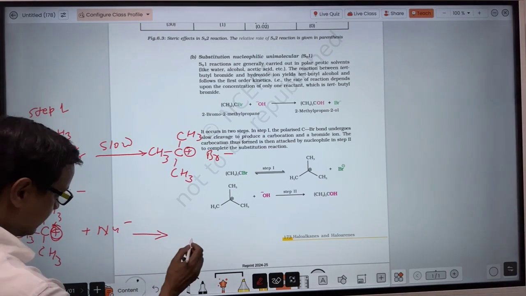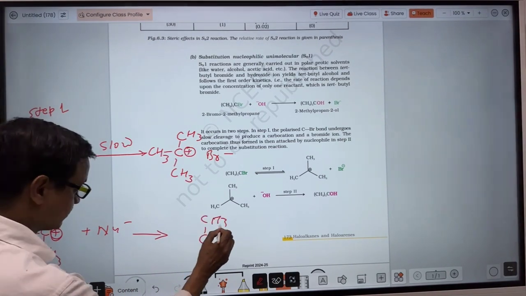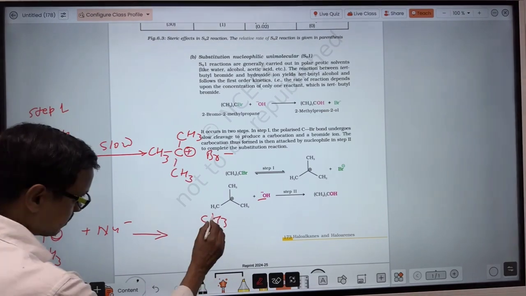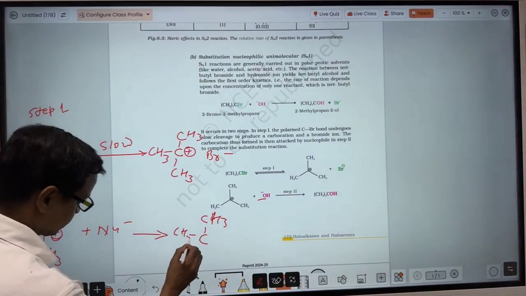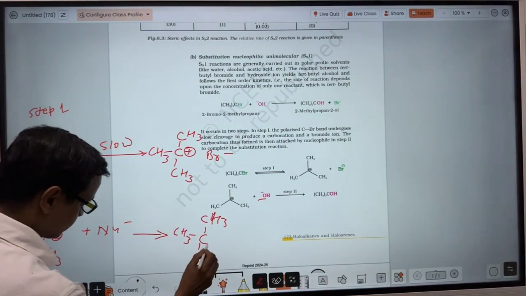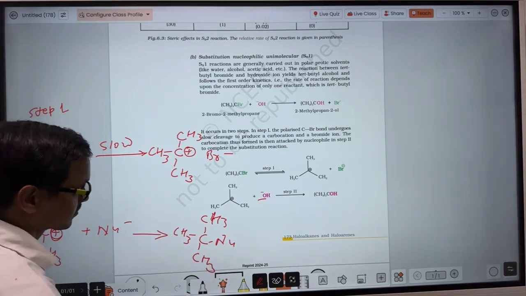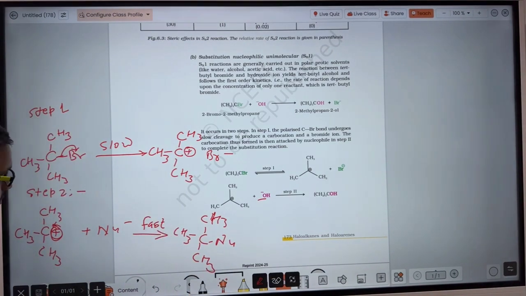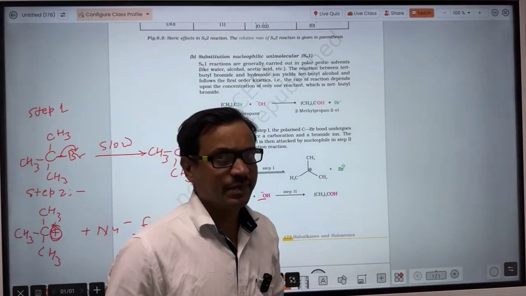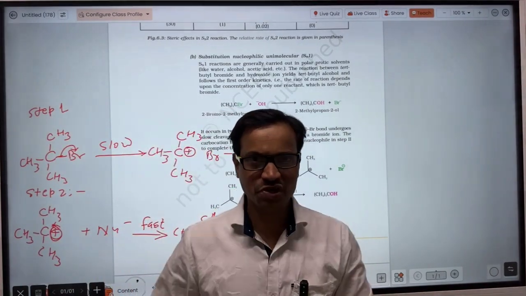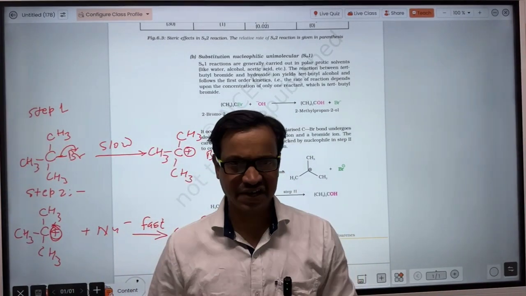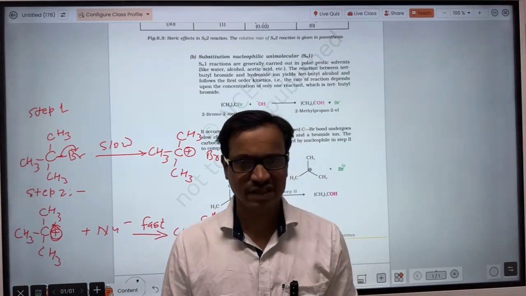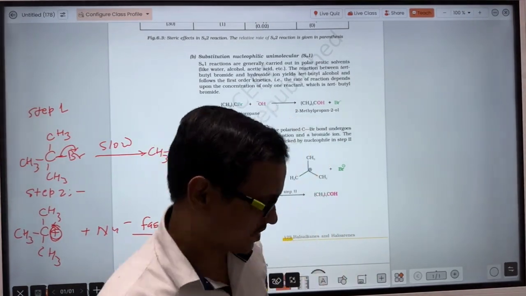Then finally there will be formation of the product with this nucleophile, which may be either OH or any other nucleophile also. And this step is the fast step. In chemical kinetics, the slow step is the rate determining step.